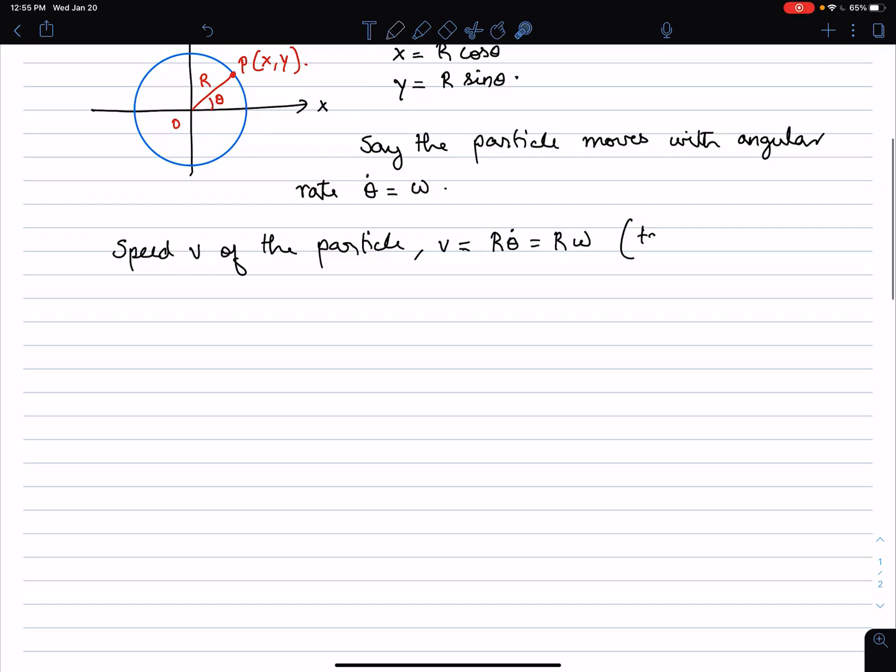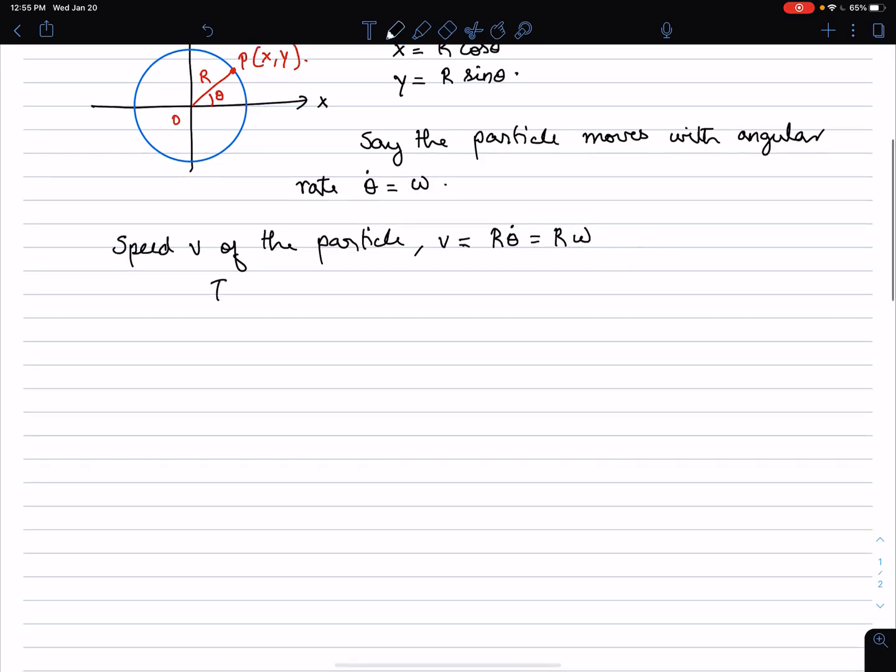The velocity. So why is the speed of the particle r omega or r theta dot? Can we provide a proof of that? Or can we get some intuition for that?